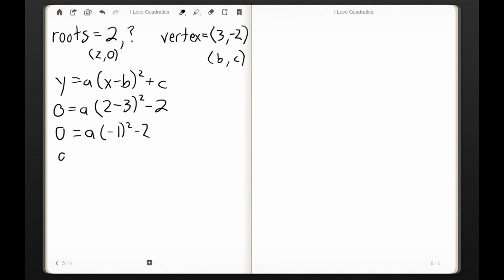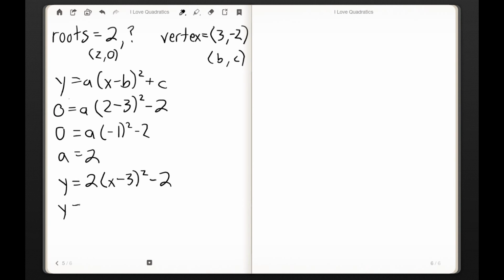So we will get a equals 2. So the equation in vertex form will be y equals a of 2 times x minus b of 3 squared plus c of negative 2.